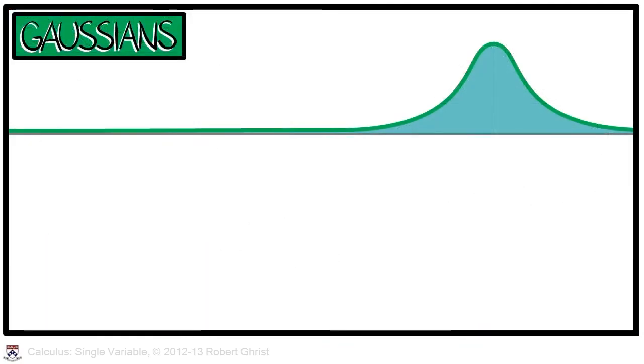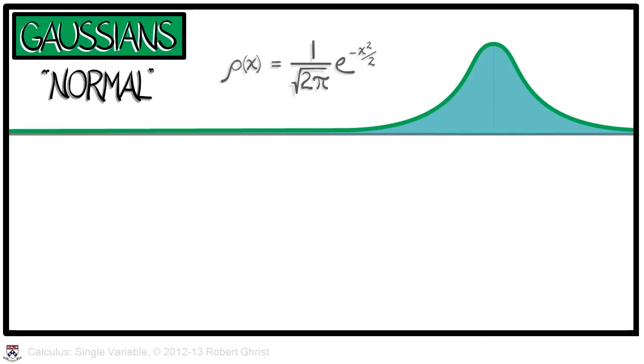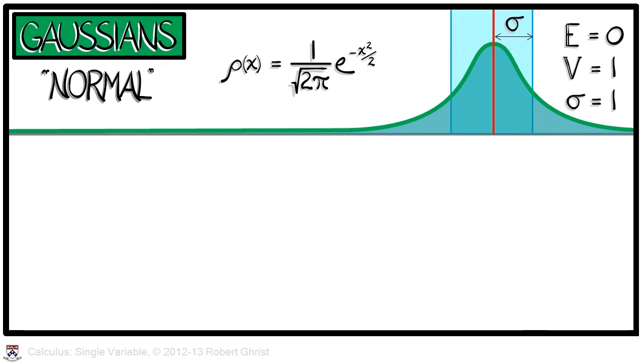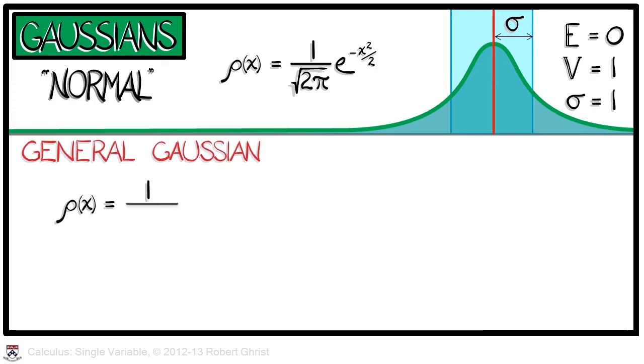Recall from our previous lesson the ubiquity of Gaussian or normal densities and their form, which looks bad, but is not so much. Note that this is an even function in x, so that the expectation is 0. One of the reasons for the coefficient out in front is so that the variance and the standard deviation will both be 1. Now, this formula for a Gaussian is not the most general possible.